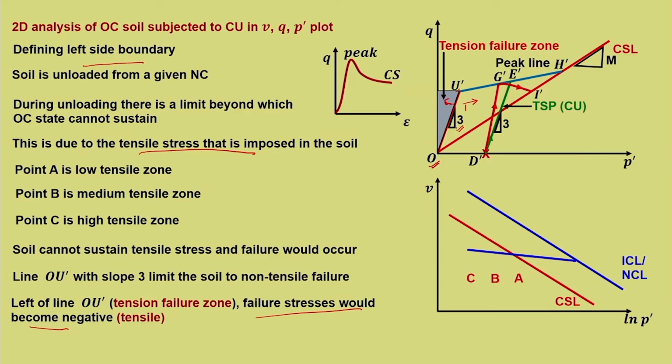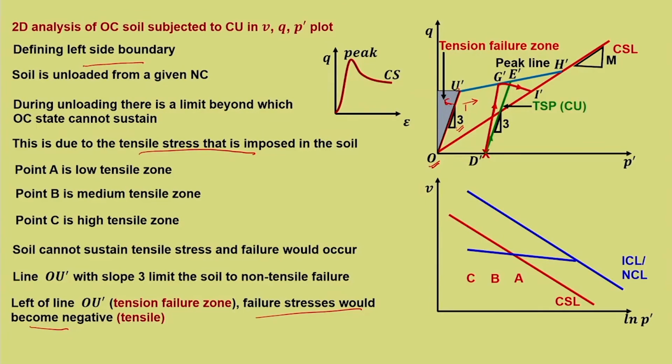Because the failure stresses tend to become negative beyond this slope of 3. As the slope increases beyond 3, the failure stresses will be negative. We will be showing this in our subsequent lecture. So, this marks the boundary, or the tension cutoff, the left boundary below which soil cannot exist. So, soil state is not possible in the tension failure zone.